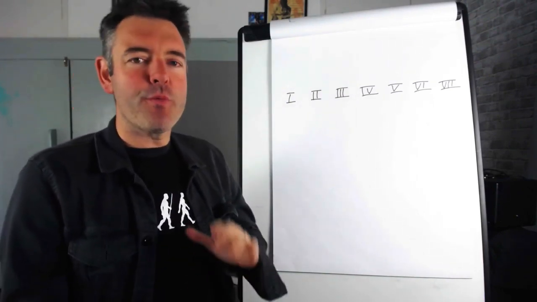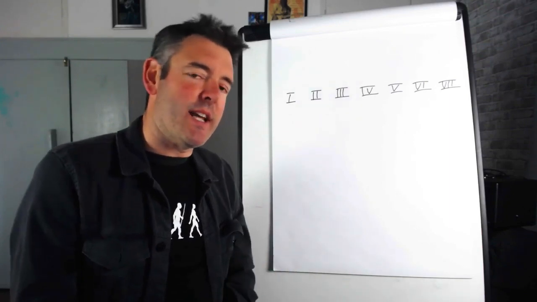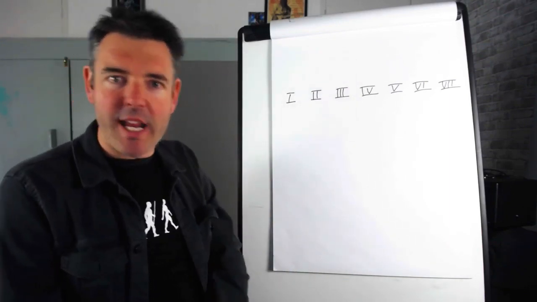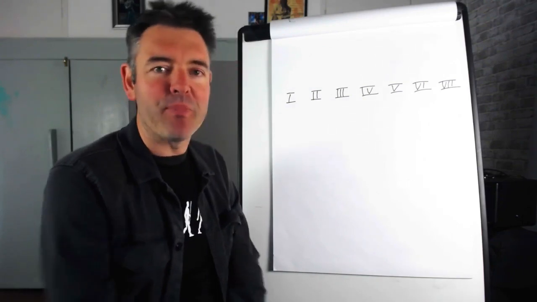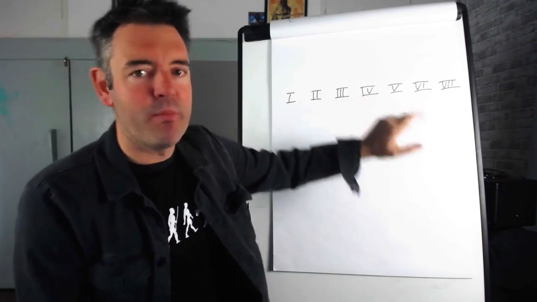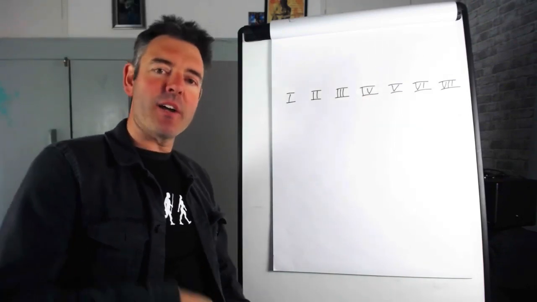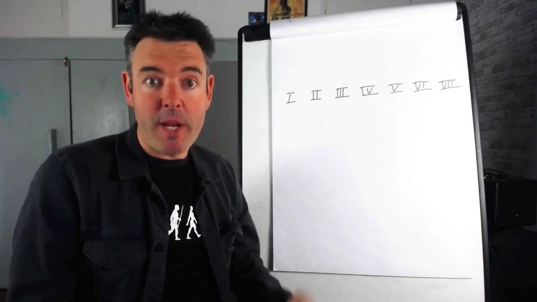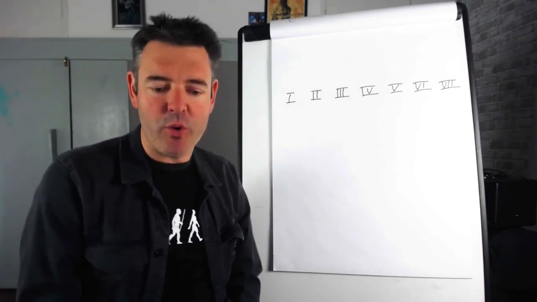Now, just to recap what we talked about last lesson with the chord family, we said that we had 7 chords in any chord family from a key. And we numbered those chords with Roman numerals, 1 through to 7. Now let's take a chord family, any chord family we could use. I'm going to take the key of G, and I'm going to show you how this chord progression stuff works.